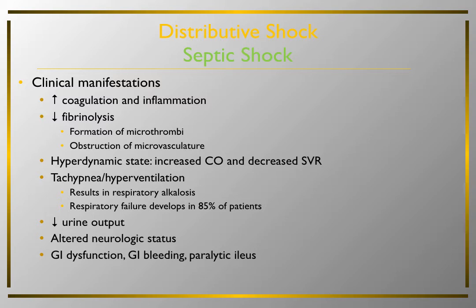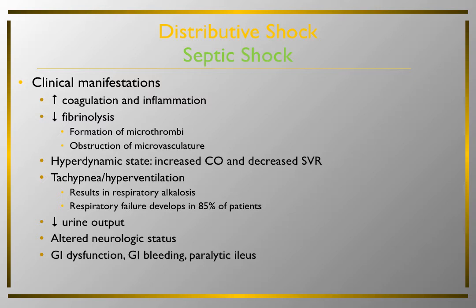When microorganisms enter the blood, the normal immune inflammatory responses are started. However, in severe sepsis and septic shock, the body's response to the microorganism is exaggerated. The release of platelet activating factor results in the formation of microthrombi and obstruction of the microvasculature because, of course, microthrombi are plugging the tubes.